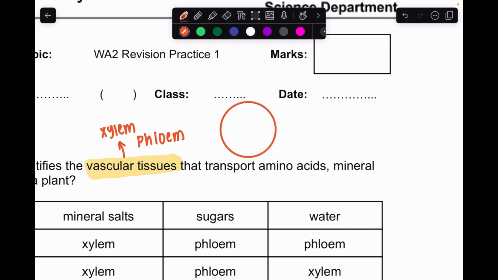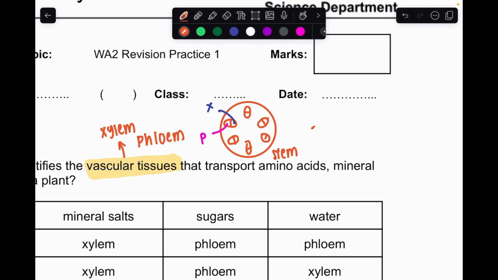So I'm drawing the stem right here. In the stem, we have learned this in Sec 2, we have the vascular bundles arranged as such, and the xylem is the vessels that are facing inside. So this is the xylem, and then the outermore vessels will be the phloem.